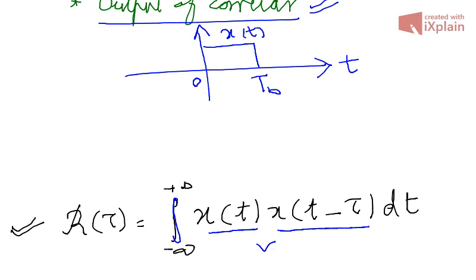Of course, I can put limits over here. Instead of minus infinity to plus infinity, we can just write our limits. Our signal exists only from 0 to capital T, and to be very accurate, we can always divide by the time interval, just to normalize it.